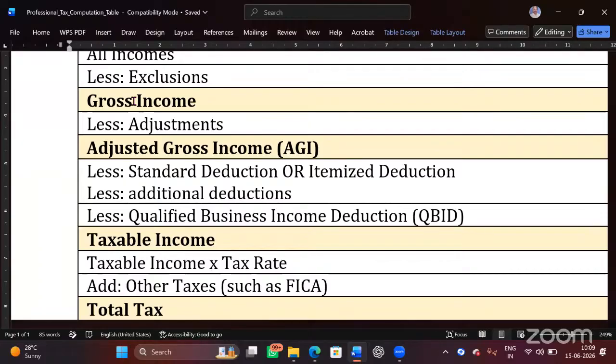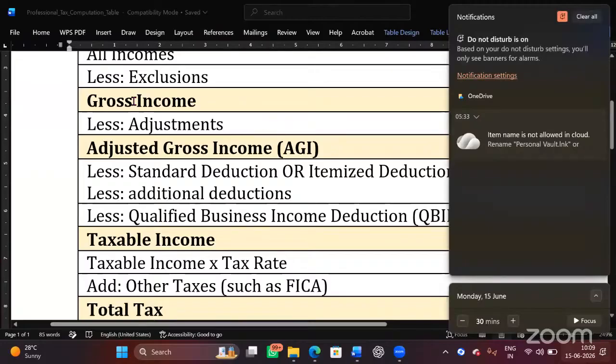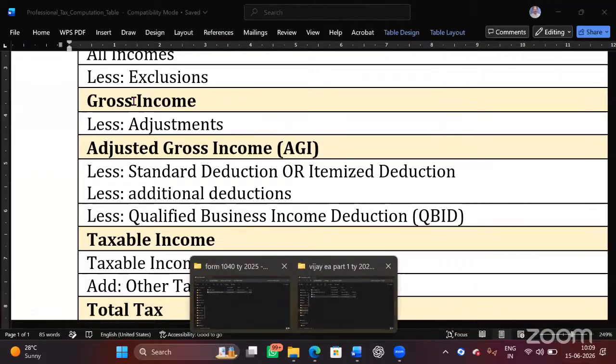The taxpayer needs to compare the standard amount given by the Act with the itemized deduction, and whichever is more beneficial, he can select at his option. These items can also be seen in Form number 1040.